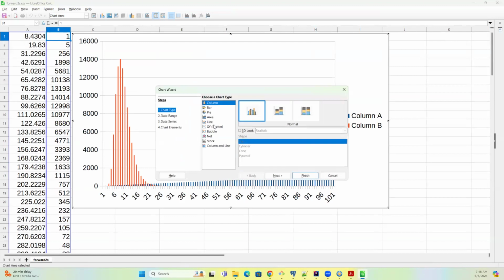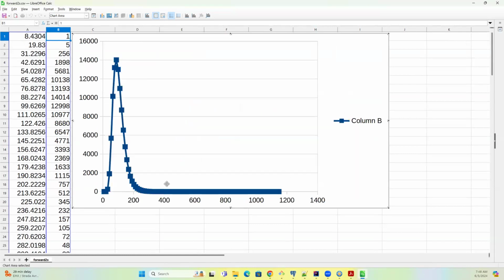And also the appearance of the plot, it's skewed. So it's no longer normal, it's so-called log normal distribution.